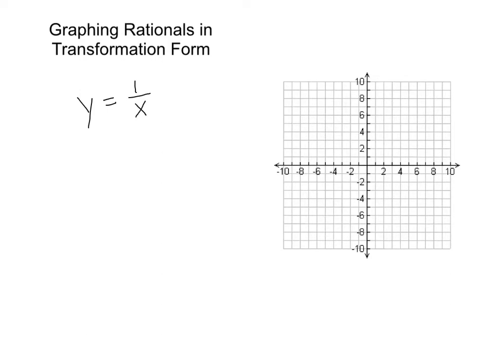When we talk about transformation form, this is going to change a little bit, but it's going to use the same letters that you used before. It is going to be y equals a over x minus h plus k. H is going to show you the horizontal shift.